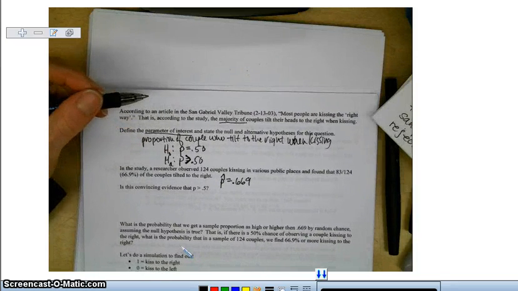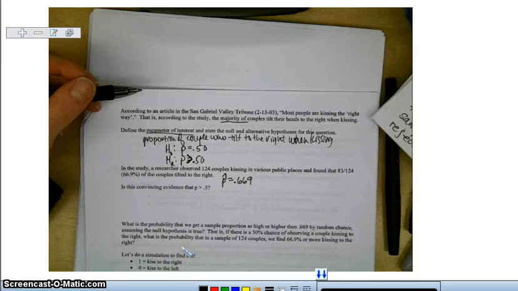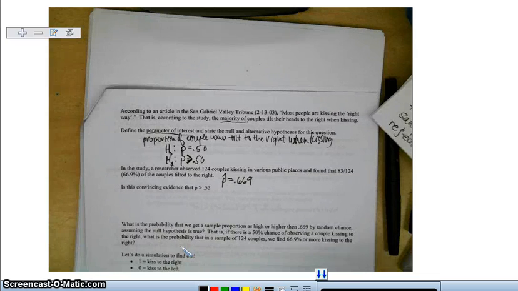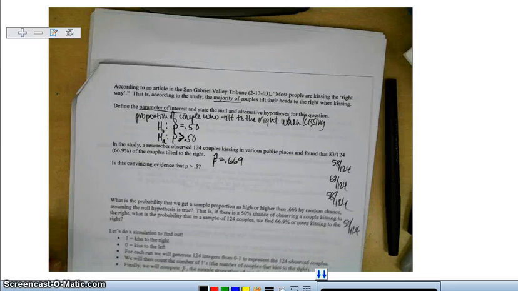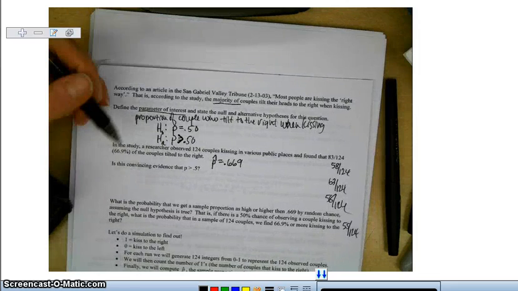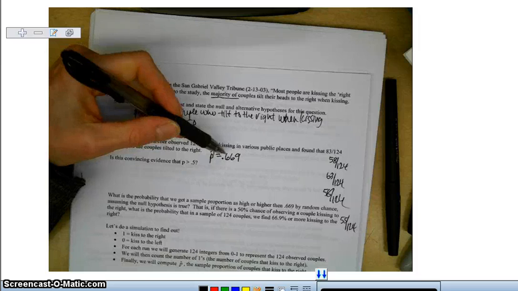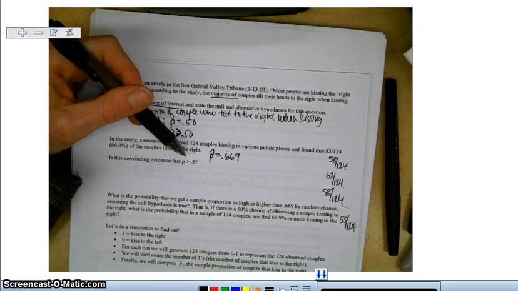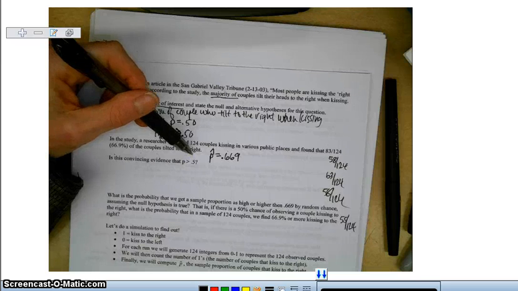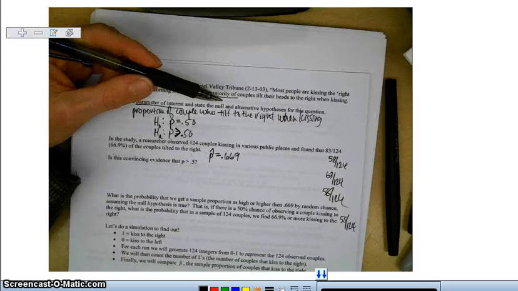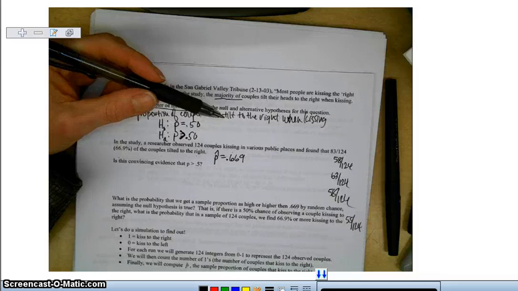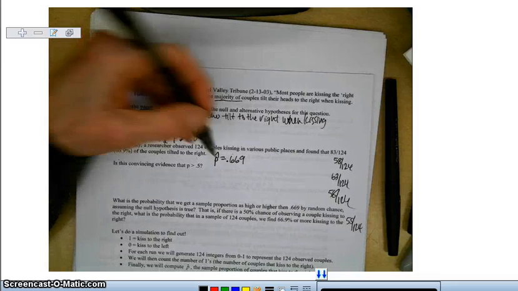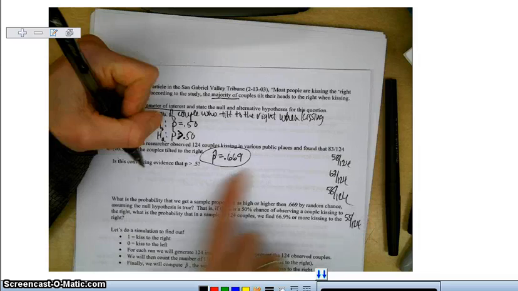Well, what we need to do is check the conditions. So our p hat is 0.669, and we want to know, is this convincing evidence that p is greater than 0.5?